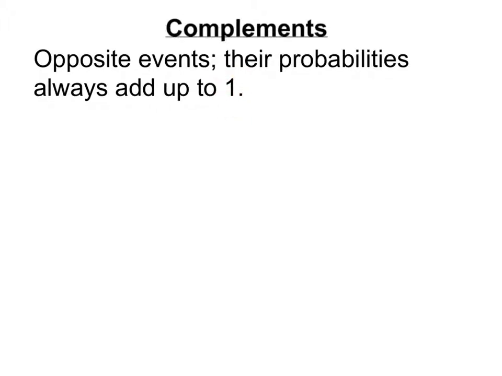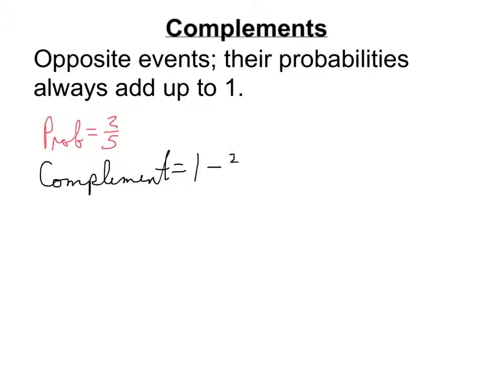So because of this, if we're told that the probability of an event equals 2/5, we should be able to calculate the probability of the complement. Well, if they always add up to 1, that means that 1 minus the probability, in this case 2/5, should give us the complementary probability.